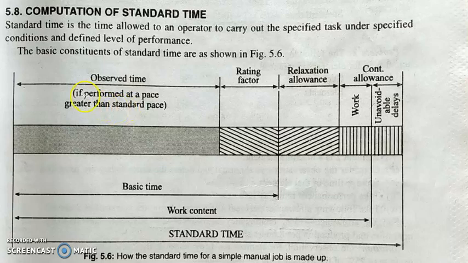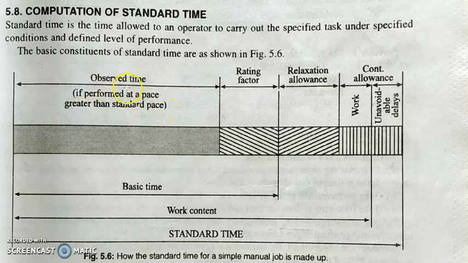So here at the start of each element, the watch is started, and at the end of that element of work, the stopwatch is stopped. So in the flyback method, we get the timing for each of the work elements.